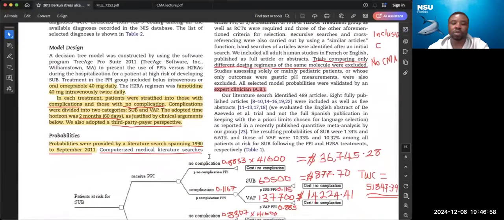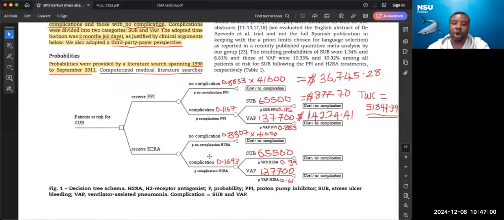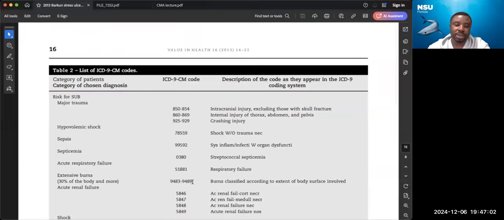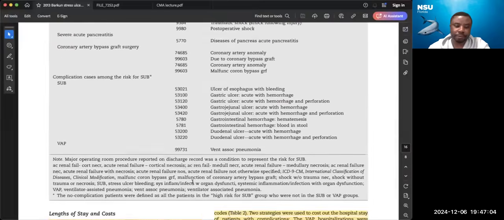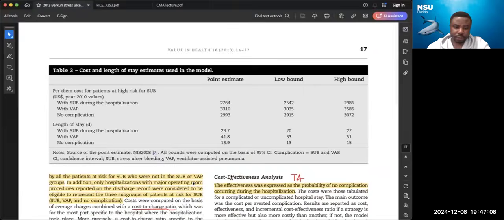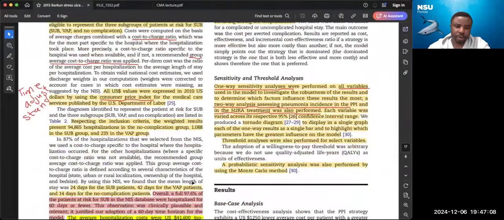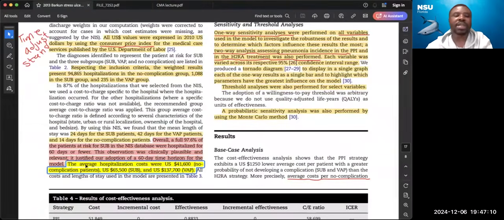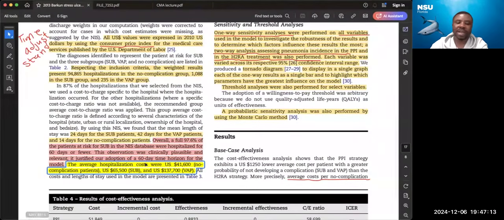So I just want us to go through this. For the cost, it can be found here. They said the average hospitalization costs were this, that is 41,600 for no complication.